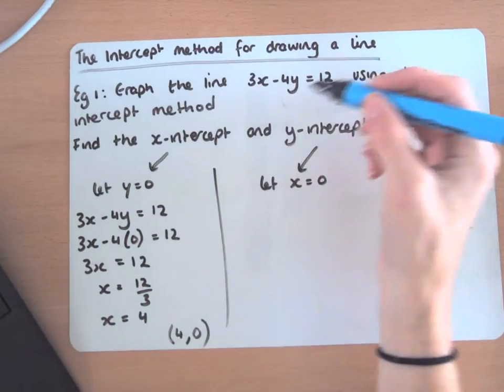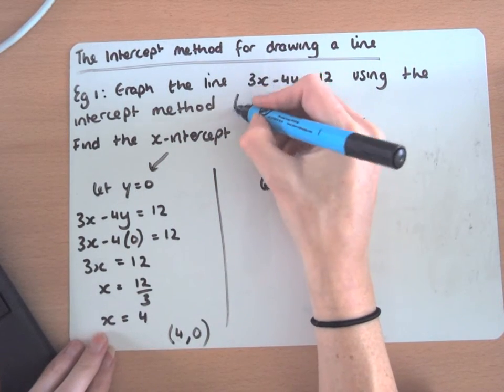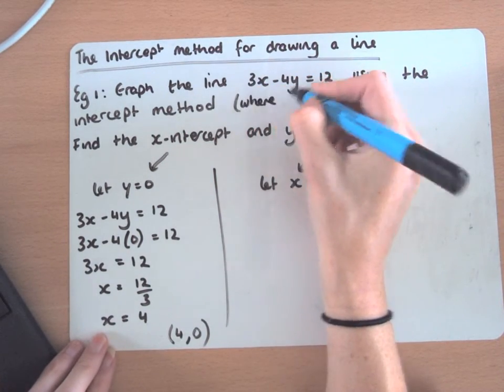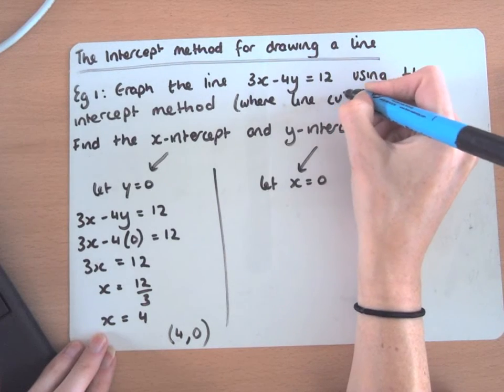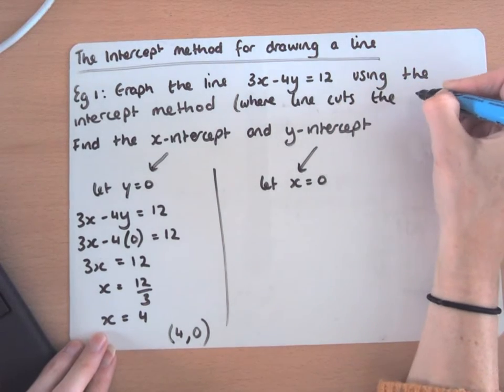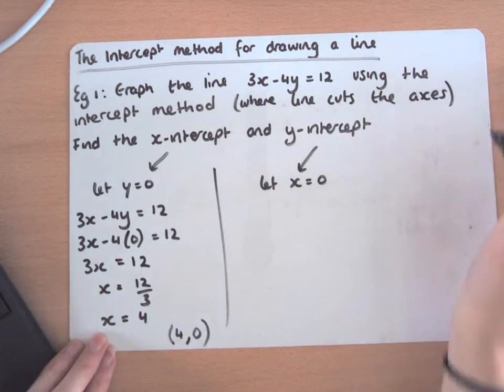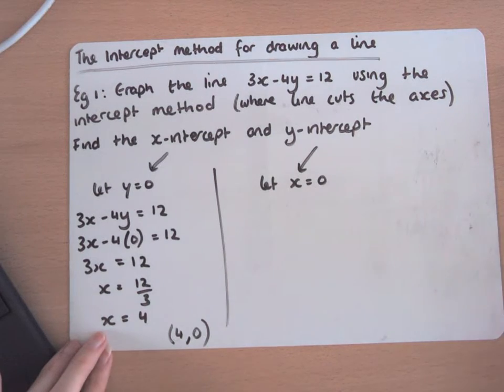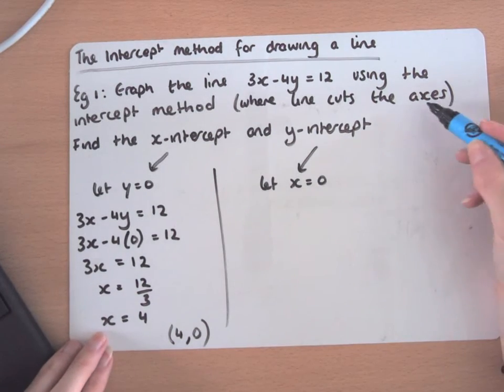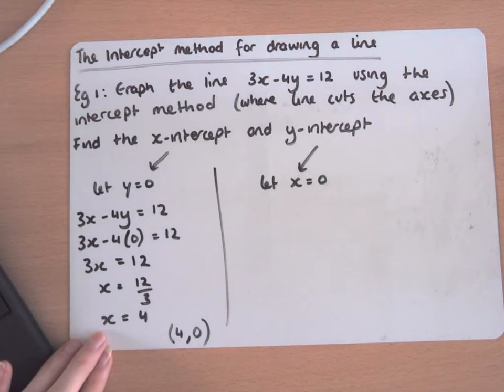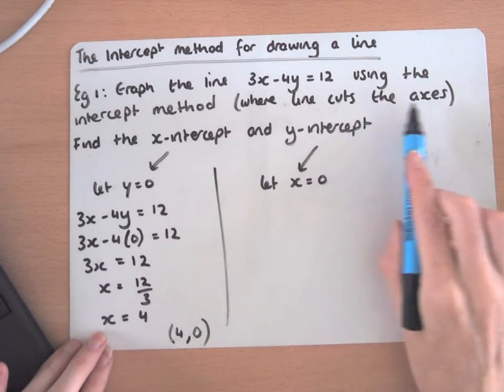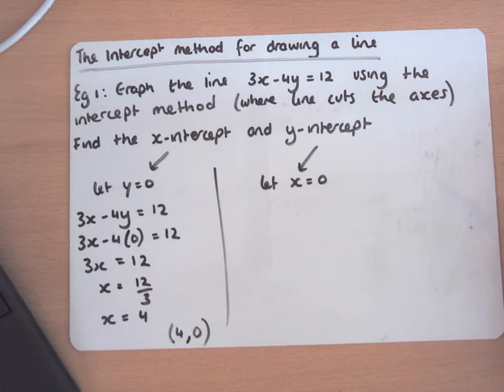So using the intercept method, you could say where the line cuts the axes. So your x-axis and your y-axis, plural axes. So that might just help you. Now we are doing a whole chapter on lines after this, but it's still good to get started in functions.